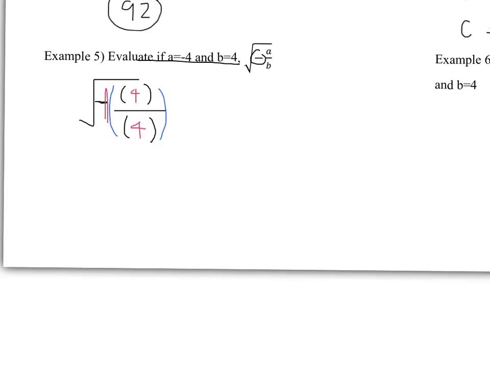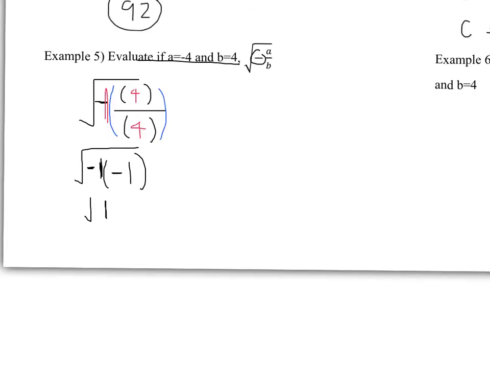So I'm going to rewrite what we have. We have a square root on top. I'm going to bring down this negative, and negative 4 divided by 4 gives me a negative 1. Now remember, on the outside of this parenthesis, we have an imaginary negative 1. We're going to multiply those two things first before we take the square root. So negative 1 times negative 1 gives me 1.